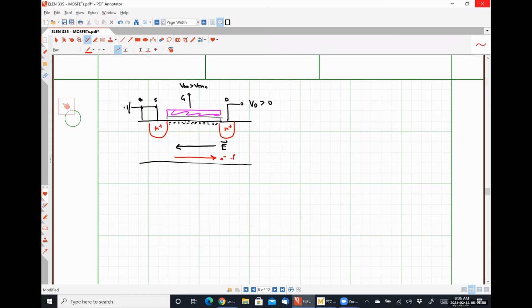So this is the direction of electron flow, and thus the direction of positive current is from the drain to the source.